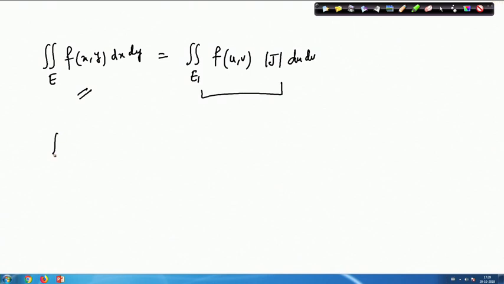Now besides change of variable of integral, sometimes it's also wise to change the order of integration. So suppose we have a range of, let's say, x running from a to b, and then y running from some function of x to some function of x, f(x,y) dx dy.